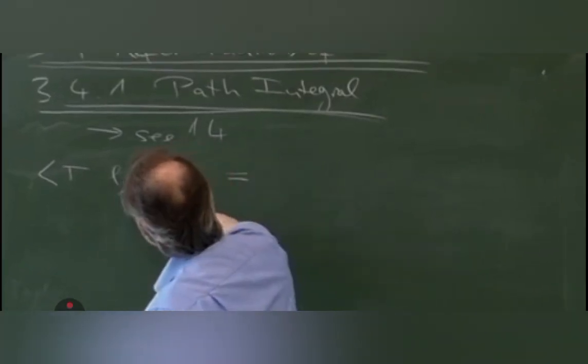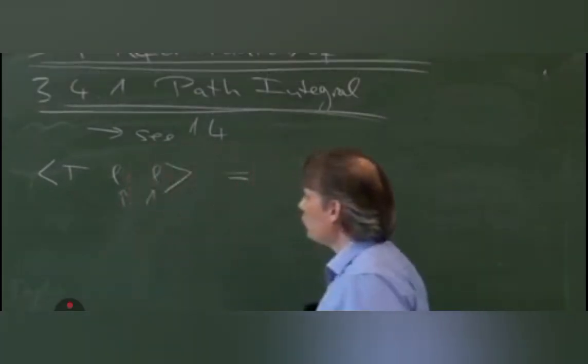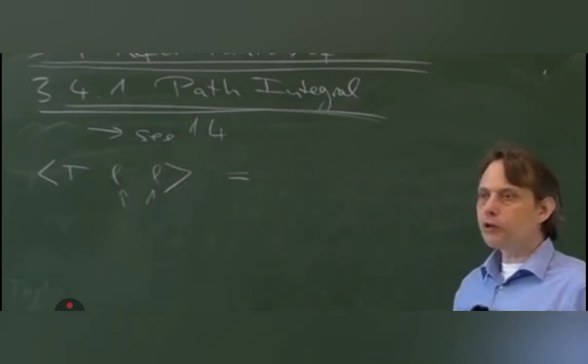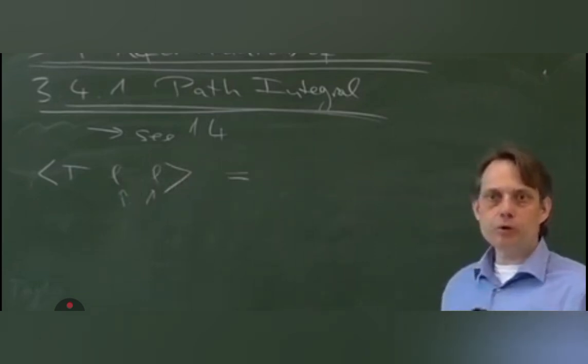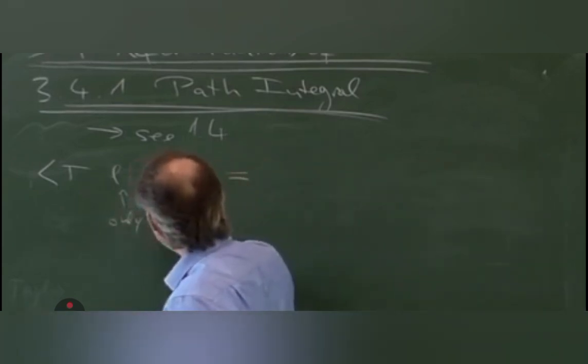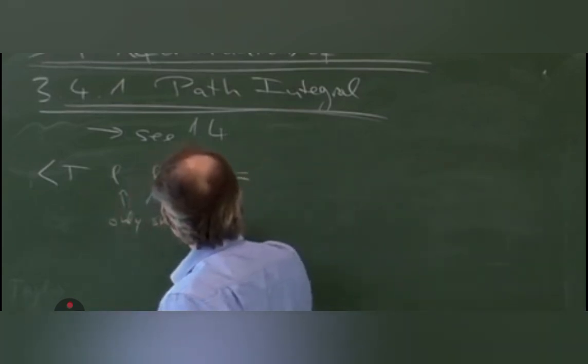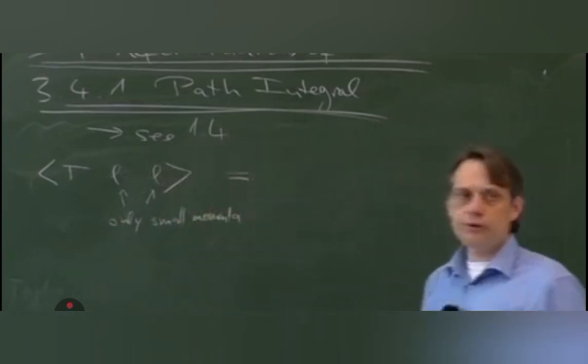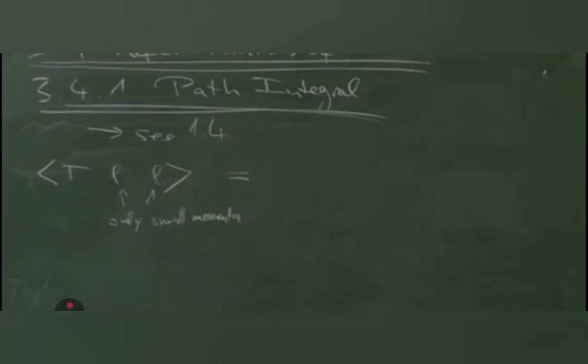First of all, we need to say that we consider here not only light fields, but the light fields also are allowed to have only small momenta. Otherwise, it is quite clear that the effective field theory description will not work.